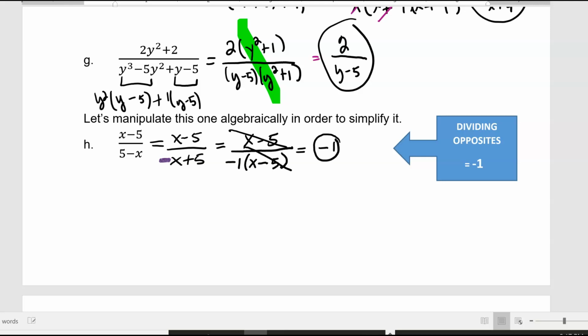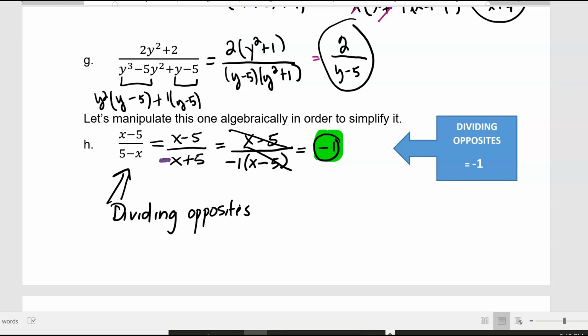All right? So these are called opposites of each other, so we are dividing opposites here. What I mean about that is opposites have different signs. So if you have a rational expression and you look at the numerator and it's totally different signs from the denominator, then you have opposites, you're dividing, and it will always equal negative 1, believe it or not.